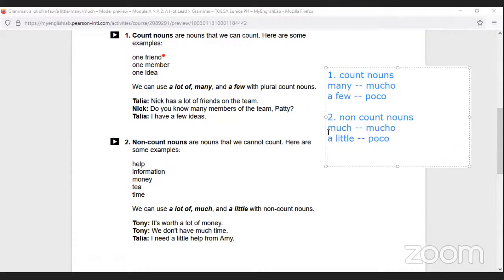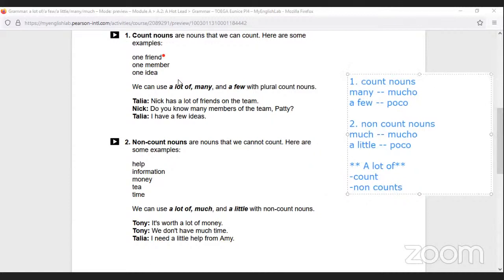And we only have one word that is going to be our special word, a lot of, and this word we will use for both, for counts and for non-counts, okay?